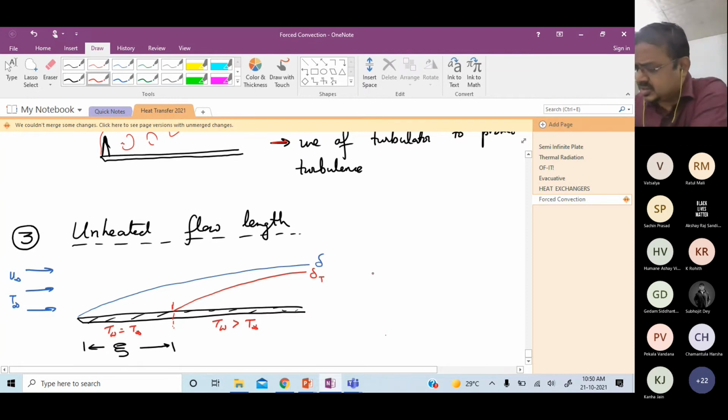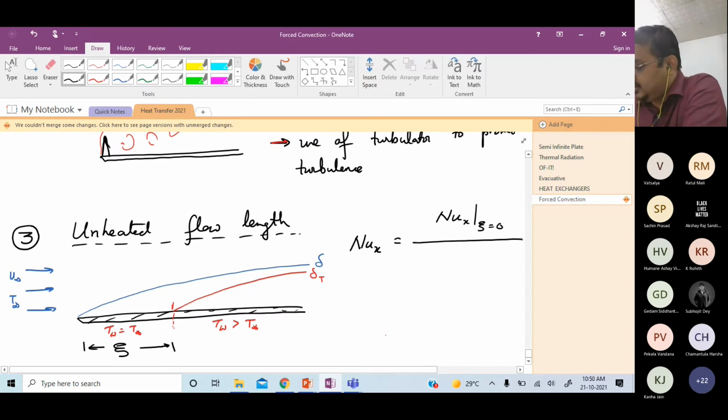These are all different configurations, and you have correlations for all of them. So for unheated length, what people do is you use Nusselt x assuming that zeta equal to 0, and then divide it by 1 minus (zeta by x) to the power 3/4, and the whole thing to the power 1/3.